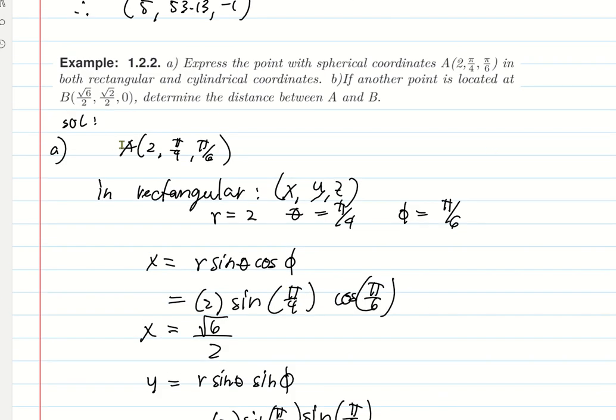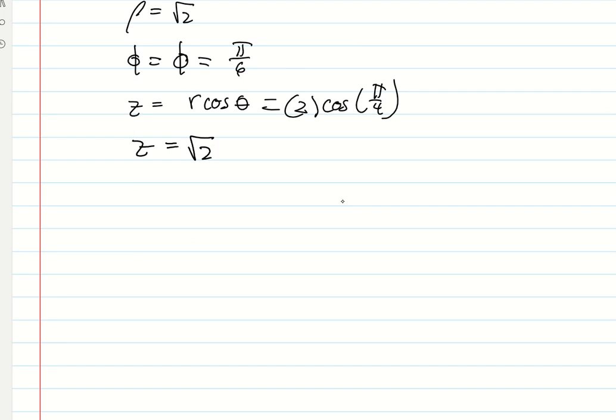And for letter B, now if another point is located here, square root of 6 over 2, square root of 2 over 2, and 0, determine the distance between A and B. Now, this is in rectangular coordinate system, obviously.